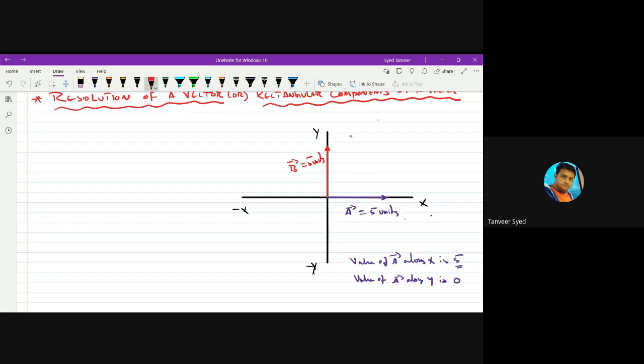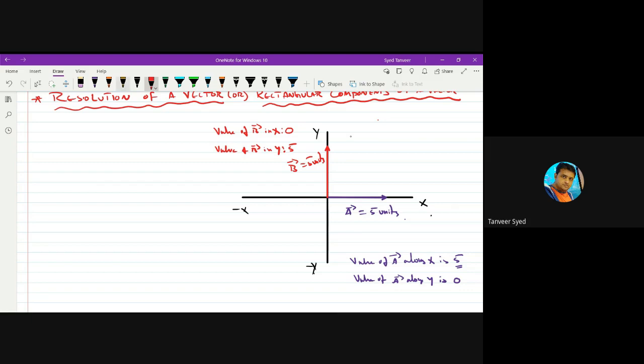Now if I ask you what is the value of vector B along x direction, it is 0. It's not at all pointing or existing in x direction. So its value in x direction is 0. If I ask you what is the value of vector B in y direction, answer is 5 units.